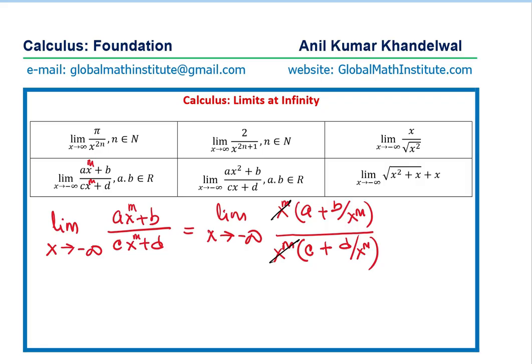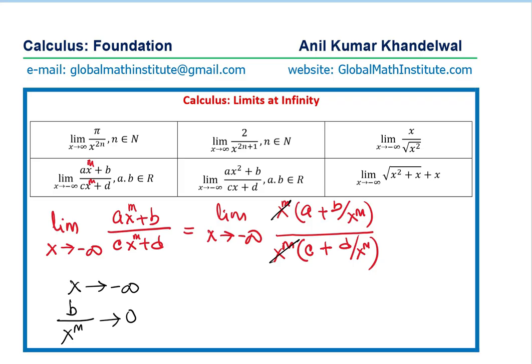So whether it was x to the power of 1, or I could have changed the question to m degree, the same degrees of numerator and denominator. What you get is this, right? So now you can see that as x approaches negative infinity, anything with x in the denominator also approaches 0, right?